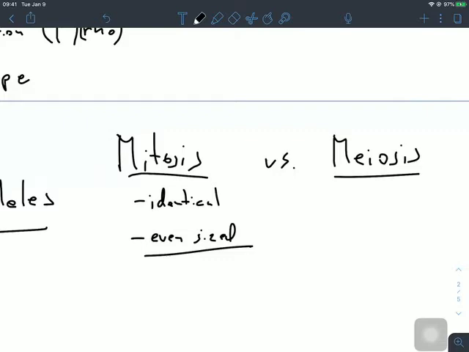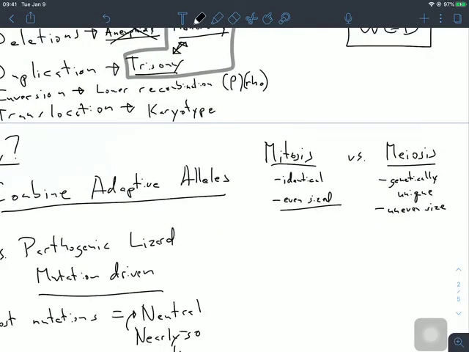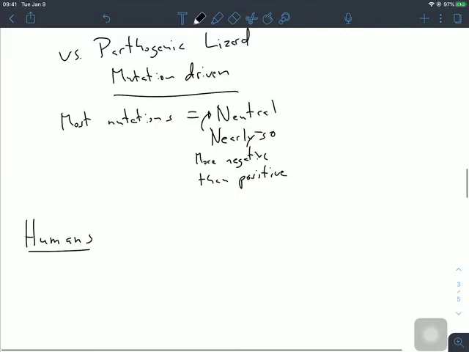In meiosis, all of your products are genetically distinct or genetically unique. And frequently, those products are of uneven size. And nowhere is that size more uneven than what we see in human meioses.